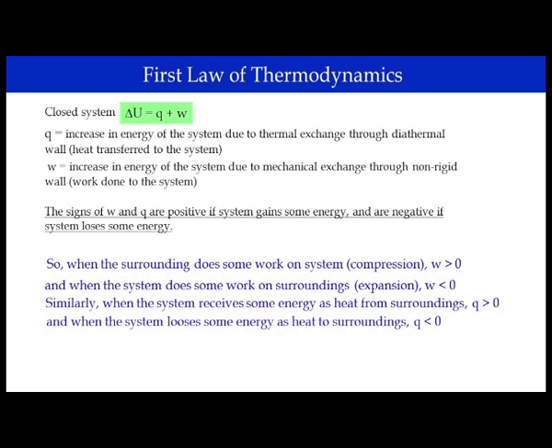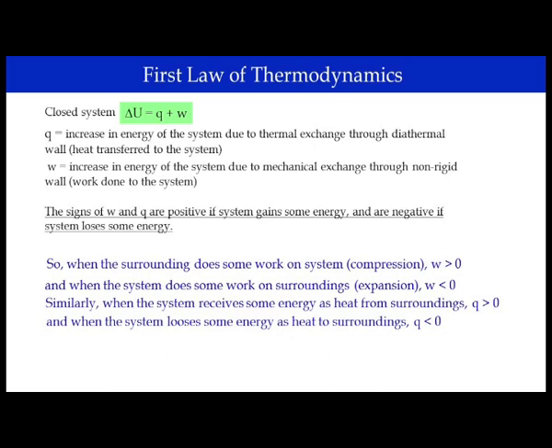When the surroundings do some work on the system, which happens in compression, W is greater than 0 because the system gains energy, and if the system does some work on the surroundings, which happens in expansion, then the system loses energy and W should be negative. Similarly, when a system receives heat from the surroundings, then Q is positive, and if the system loses energy to the surroundings, then Q is less than 0, that is, negative.